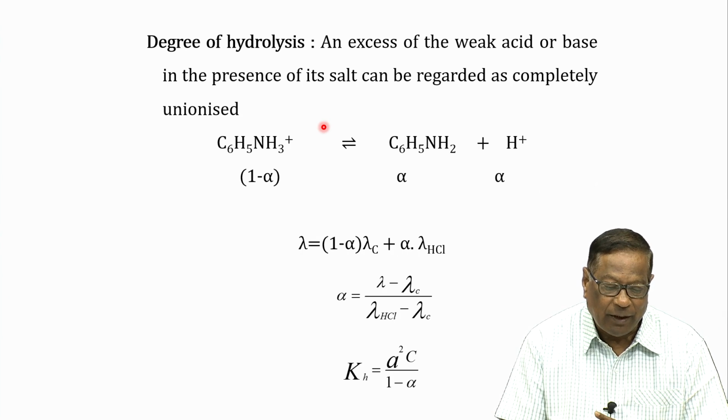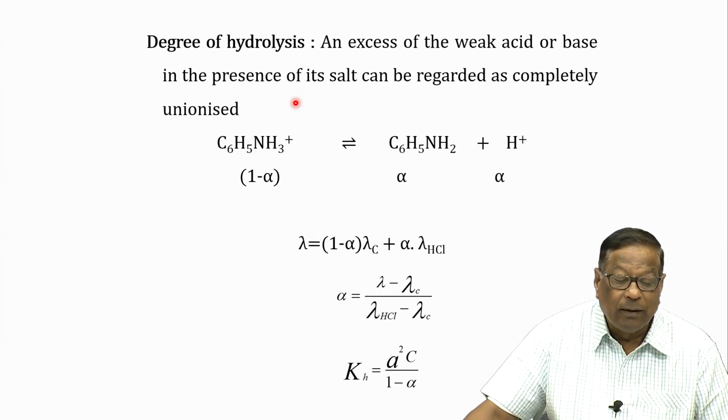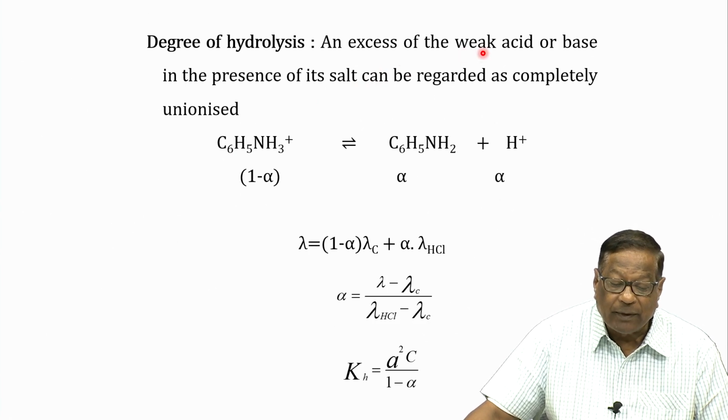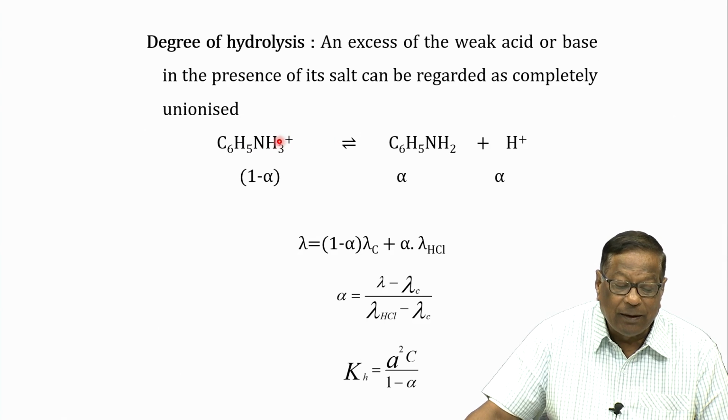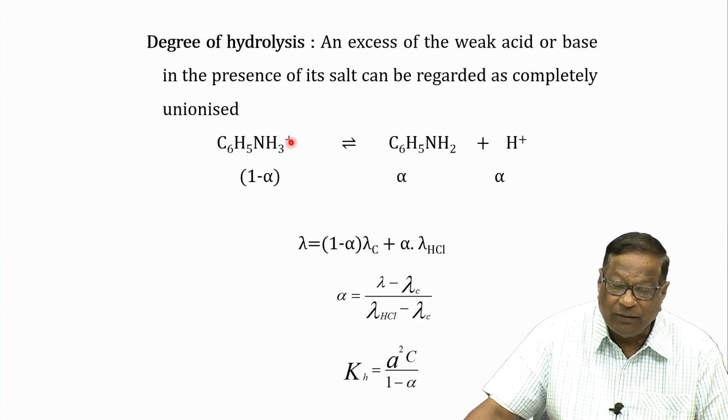So, the degree of hydrolysis is given by, now you can read this equation, that is C6H5NH2. I have taken aniline, C6H5NH2 is aniline, and in acidic solution it will be C6H5NH3 plus.